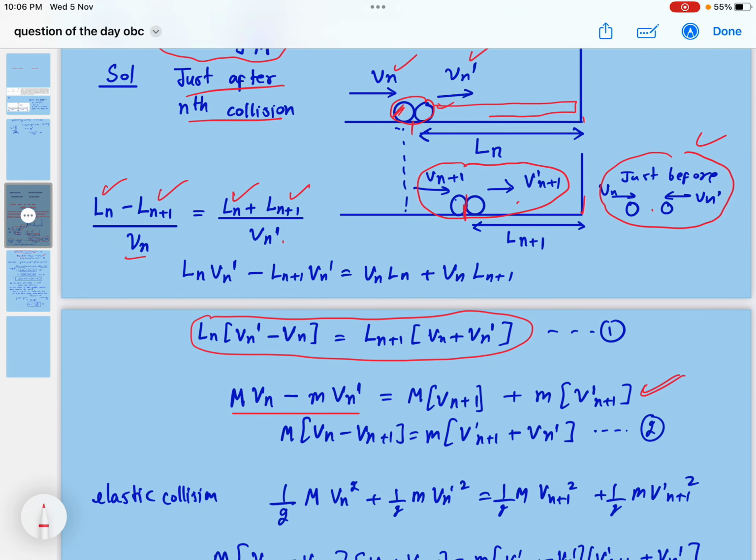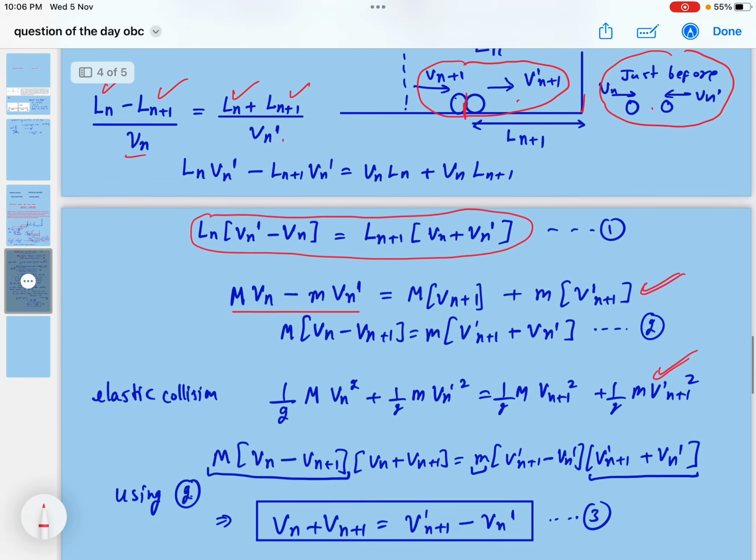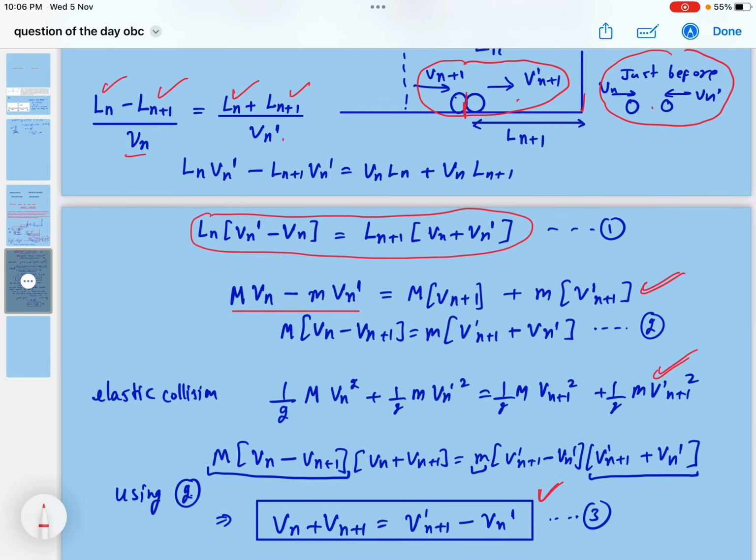Just like the collision formula we used to get, the same formula I am getting here. For an elastic head-on collision, by linear momentum and kinetic energy conservation, that formula I am getting.